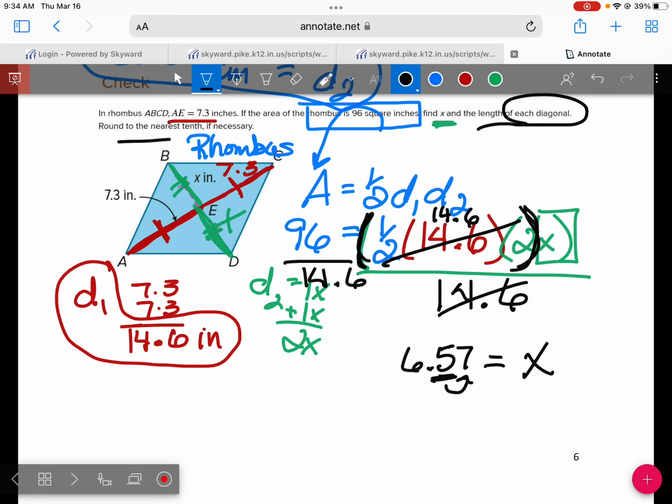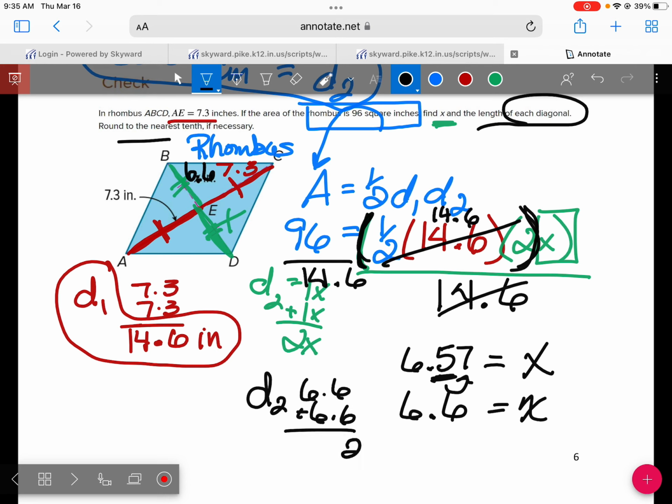So x is going to be 6.6. That's all right. So 6.6, that's only half of it. So to find the whole diagonal, diagonal 2 is 6.6 plus 6.6, which is 13.2 inches.